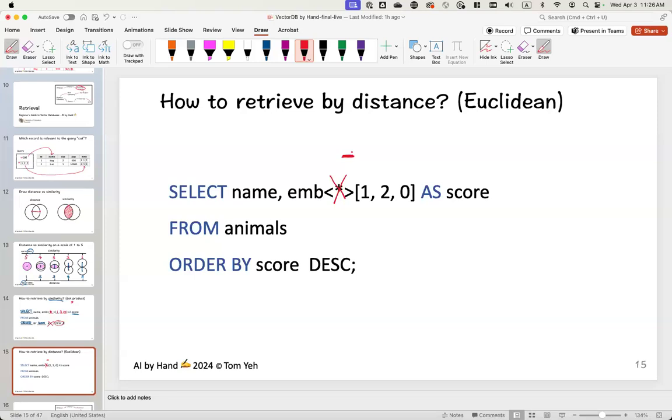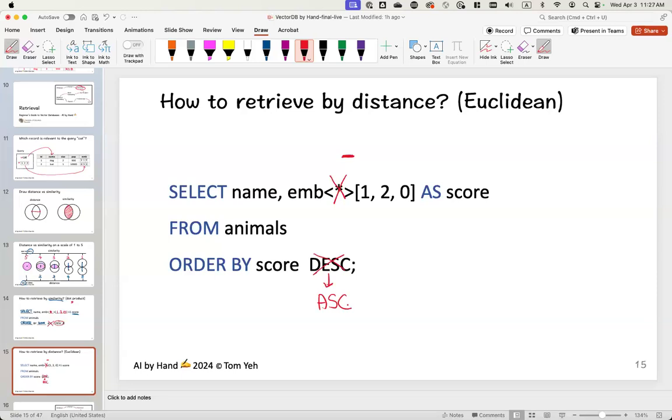This is how we calculate distance in algebra. Something else needs to be changed. This has to be changed to ascending order. So by making these two changes, we'll be retrieving data by distance using Euclidean distance.